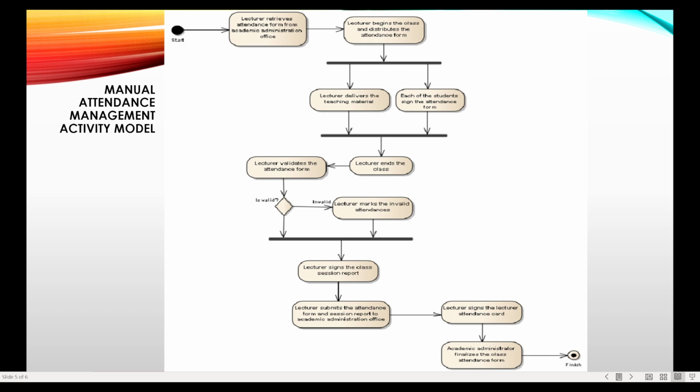Then the lecturer submits the attendance form and session report to the academic administration office. Then the lecturer signs the lecturer attendance card or the student attendance card, and then the academic administrator finalizes the class attendance form before finish.